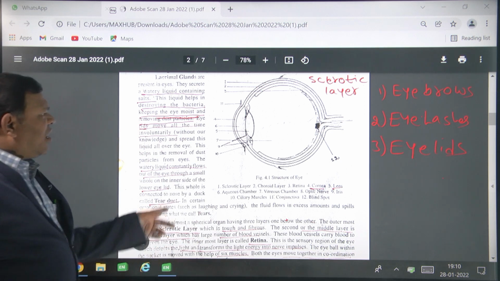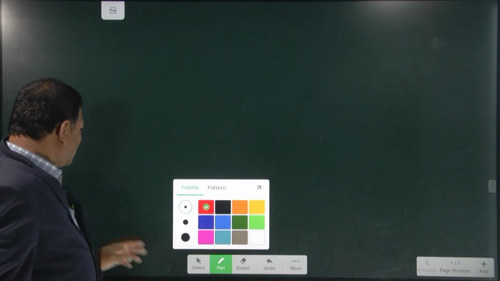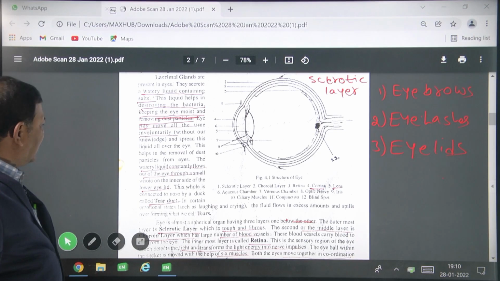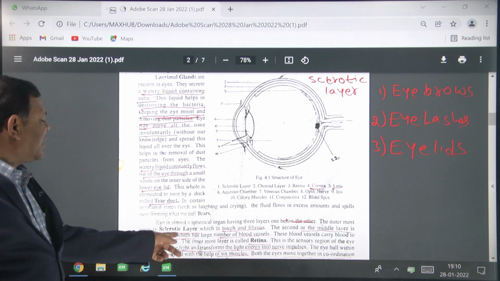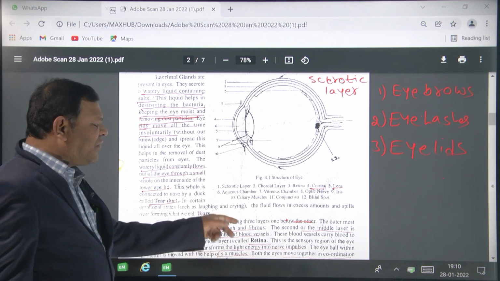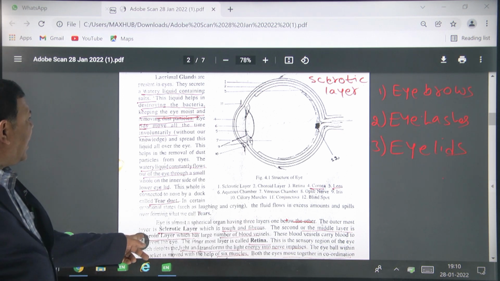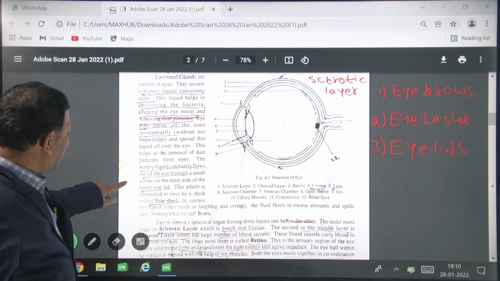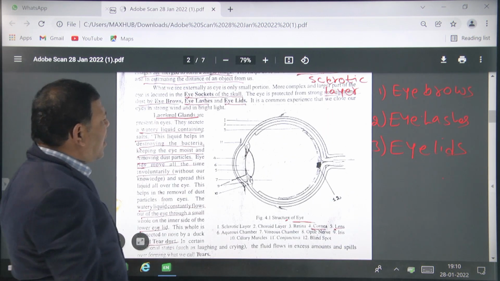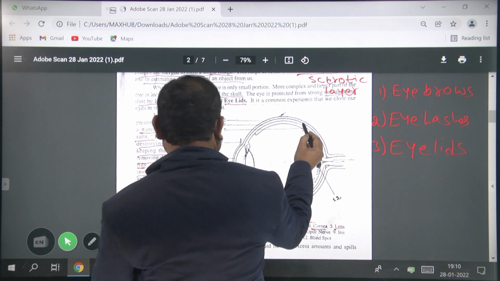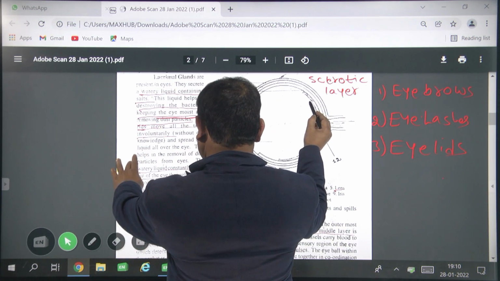So the eye is almost a spherical organ, and actually three layers are present. First is the sclerotic layer, which is very tough and fibrous, and the second one is the middle layer. This middle layer is called the choroid layer.